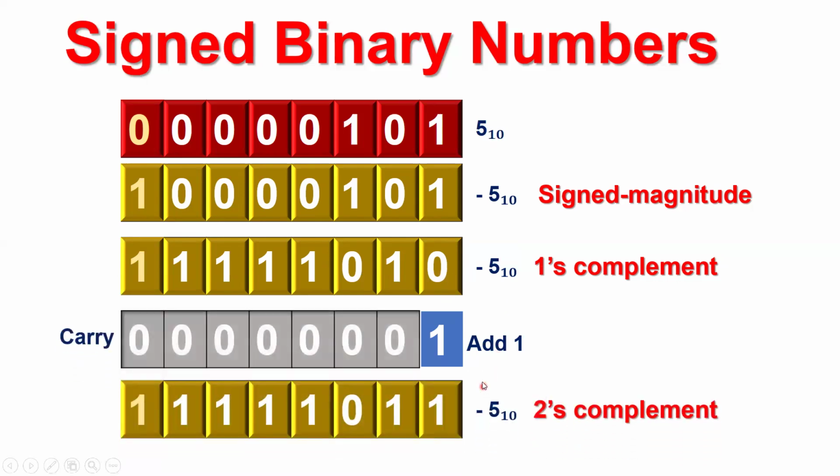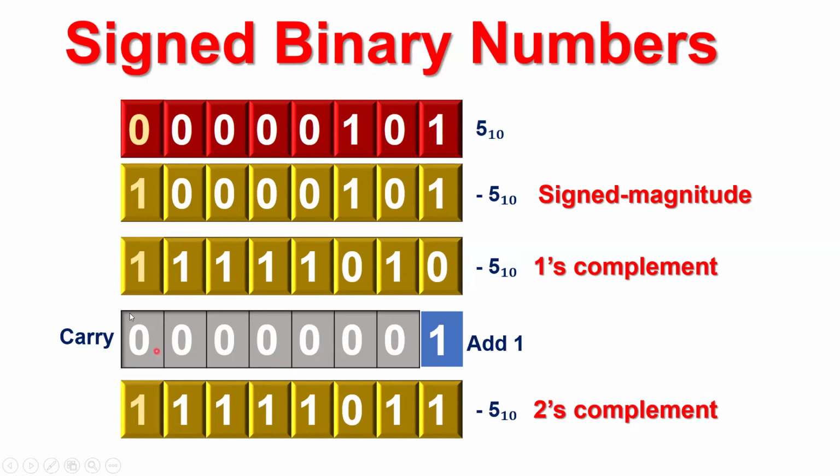So after adding 1 here to the LSB, then addition here: 0 plus 1, sum is 1, carry is 0. 1 plus 0, sum is 1, carry is 0. 0 plus 0, sum is 0, carry is 0. 1 plus 0, sum is 1, carry is 0.